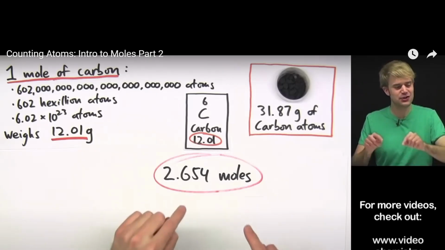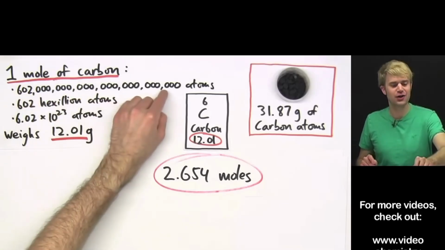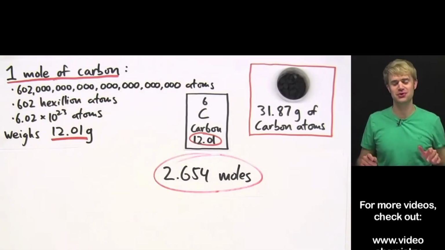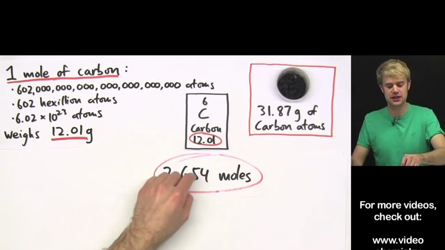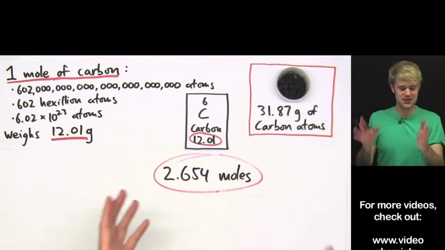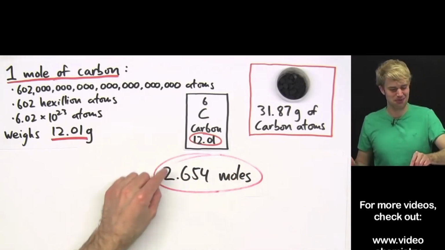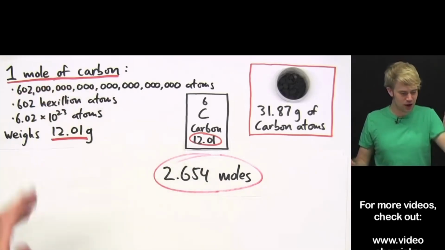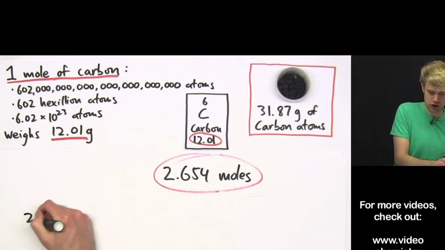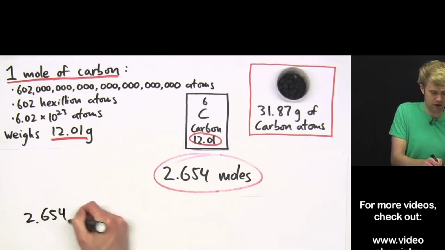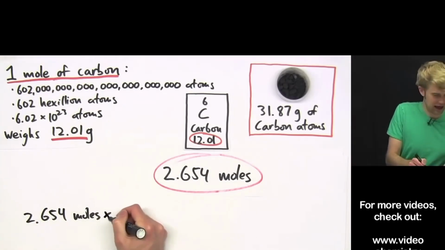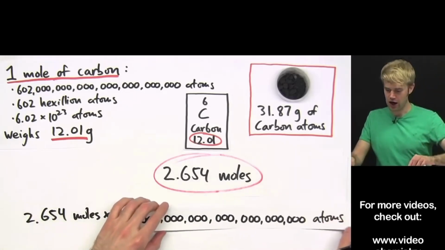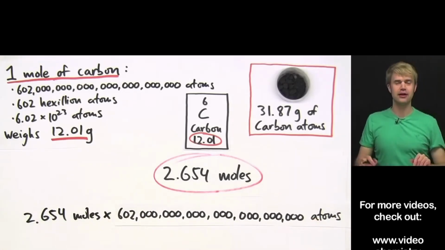We know that in each mole there are 602 hexillion atoms, but here I've got 2.654 moles. Okay, this isn't too hard though, because all I got to do is multiply 2.654 by the number of atoms that are in 1 mole. So I can do 2.654 moles times 602 hexillion atoms.